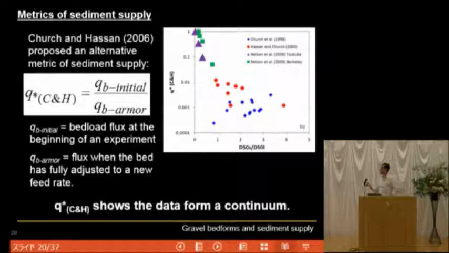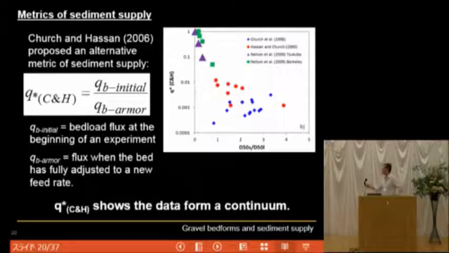So what they did is they took the fundamental idea of Q star and they recast it. And what they did is they recast it so that it was the ratio of the bed load flux at the beginning of their experiments to the flux at the end of their experiments.